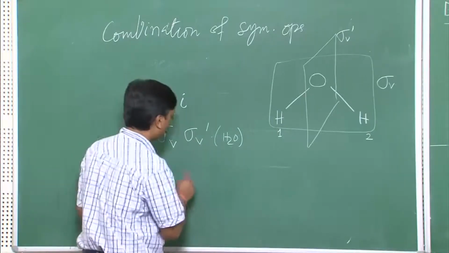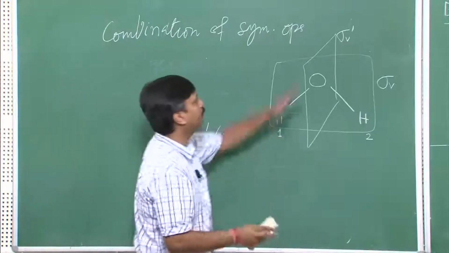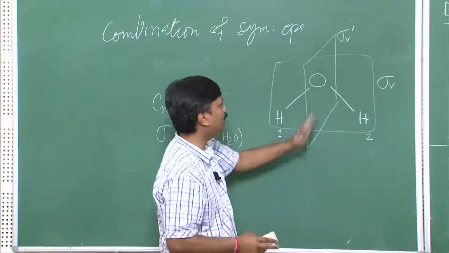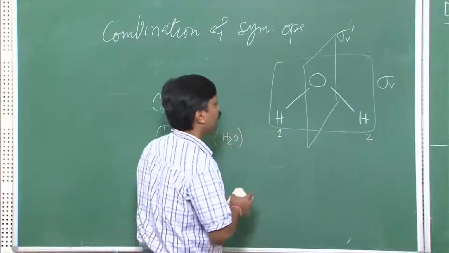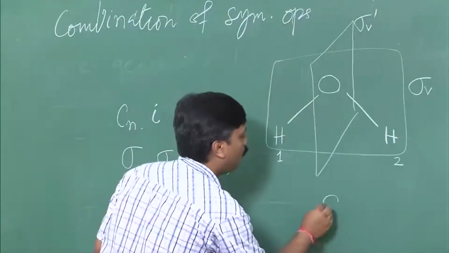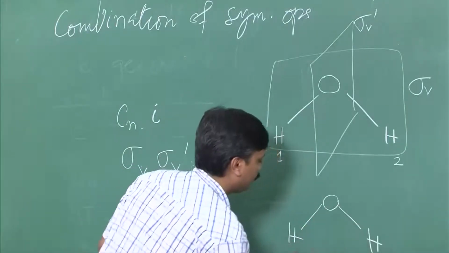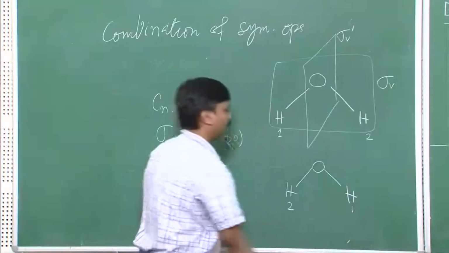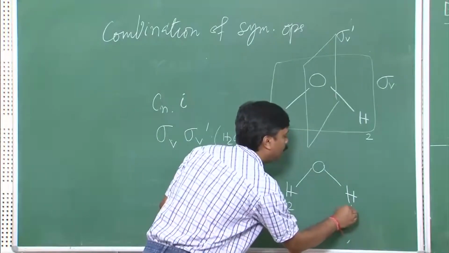Let's do that. When I operate sigma b prime, that is this plane which is cutting it in half, what will happen? 1 will come to this place, 2 will go here, and nothing will happen to O. So I get a structure like this. This is 1 and 2.